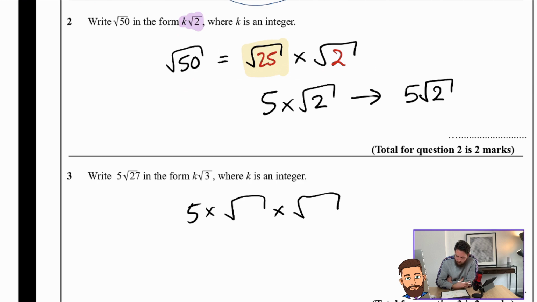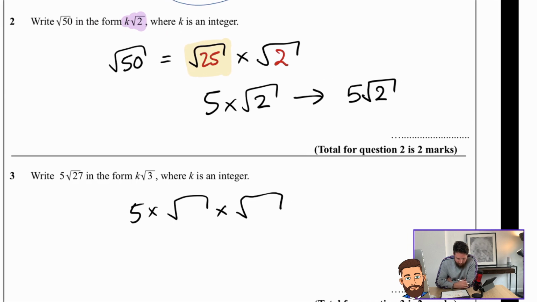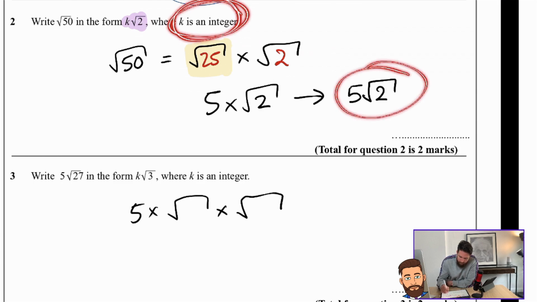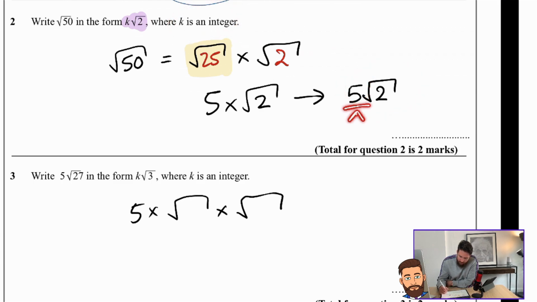Yeah, in mathematics, you don't put the times symbol in between because it just looks easier and less confusing. 5 root 2 means 5 times root 2. And if you look at the question, it says k root 2, where k is an integer, whole number. So k is 5. You can see here, this is k.